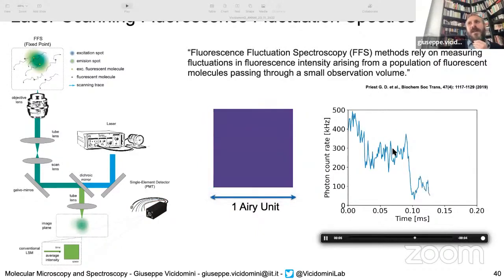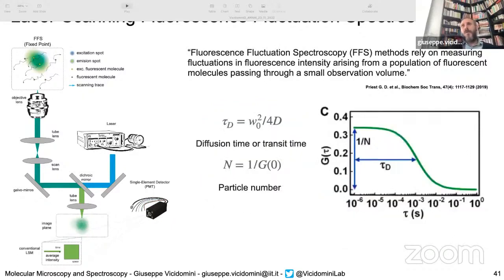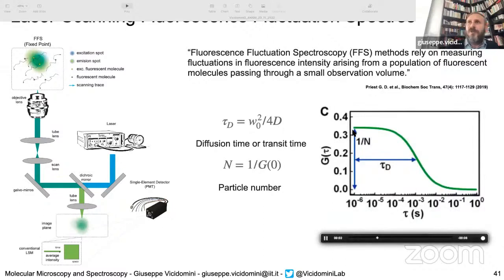The most common way to analyze this intensity fluctuation is by calculating the autocorrelation curve of your intensity time traces, and you end up with information about the dynamics of your molecule. For example, you end up with the transit time of your molecule.